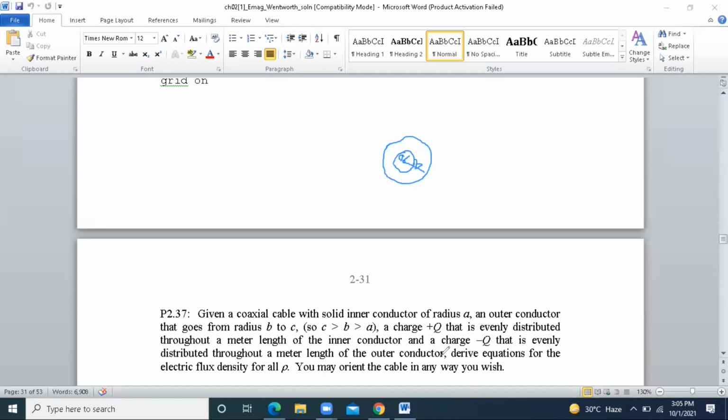Right? So we want to derive the flux density for all rho.